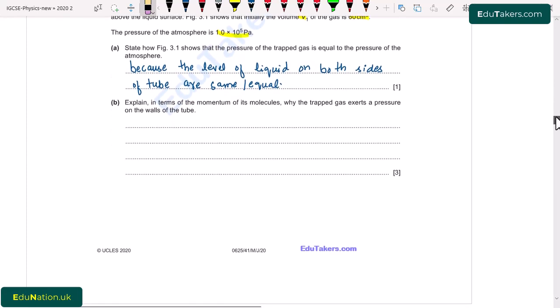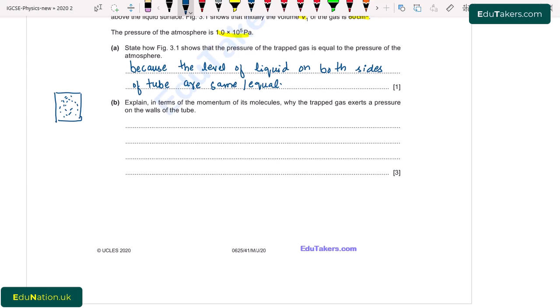First of all, if I consider that it is a tube and it contains many molecules just like this, we know that gas molecules are always in a state of motion. It means that they collide with each other and also collide with the wall of this tube.